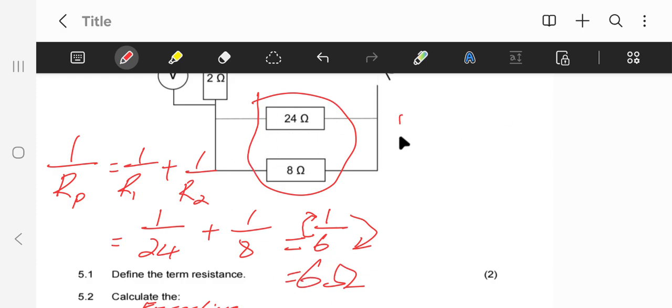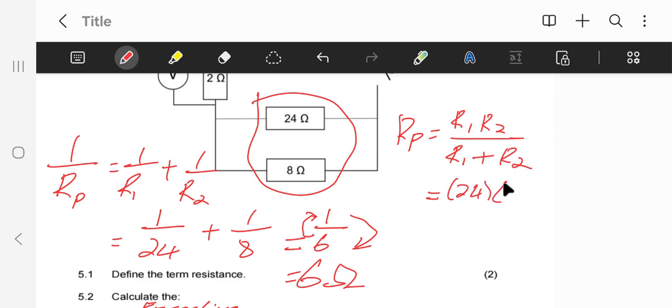You can use another formula. That other formula is Rp is equal to R1 times R2 divided by R1 plus R2. This one is a straightforward formula. You don't have to invert. R1 is going to be 24, R2 is going to be 8, divided by R1 which is still 24 plus 8.